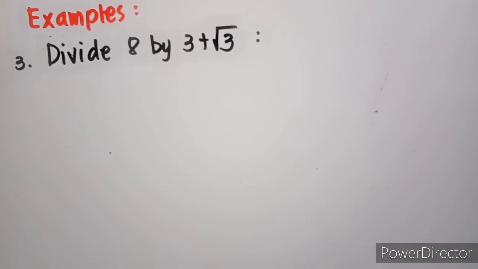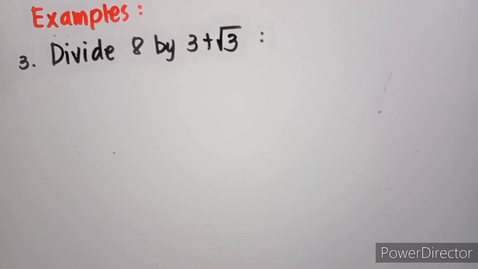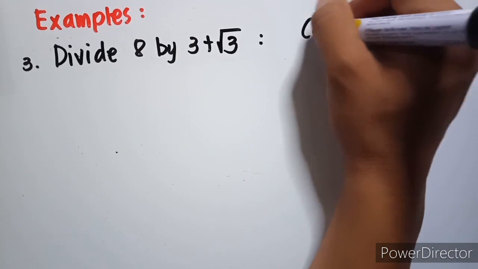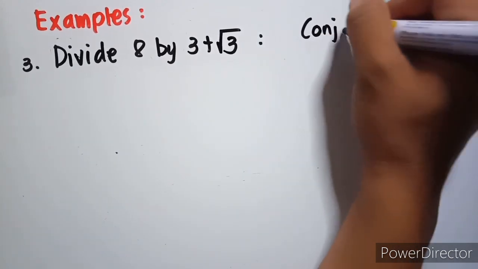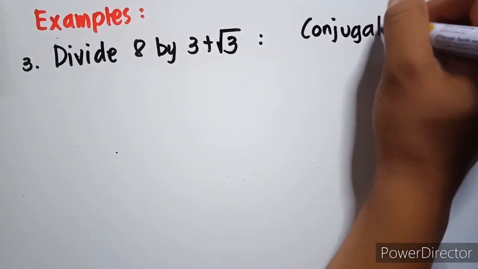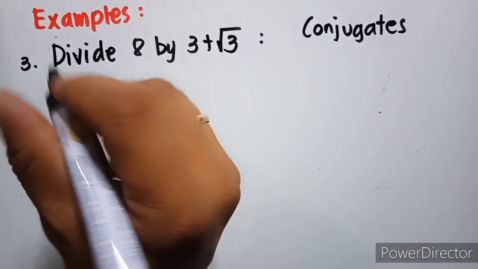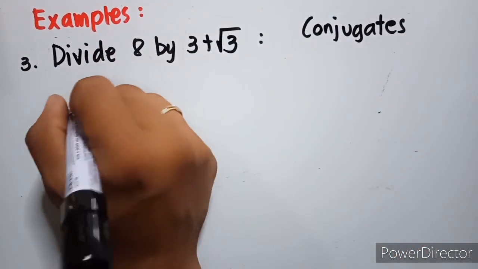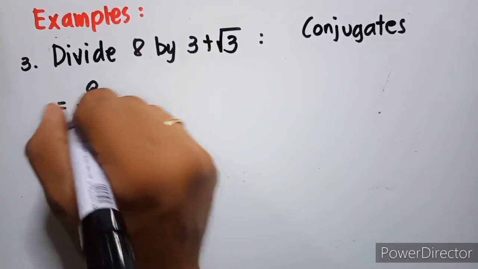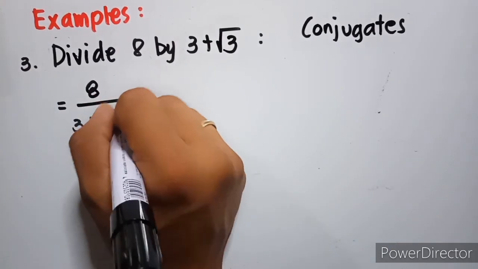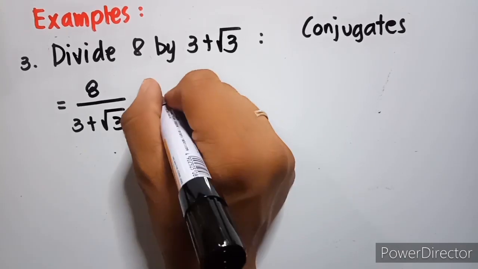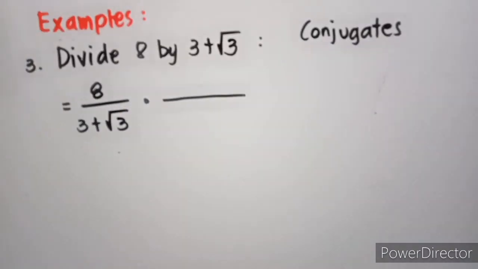Example number 3. Divide 8 by 3 plus square root of 3. So, we are going to use conjugates. We are going to write this as 8 over 3 plus square root of 3. Then, our conjugate, we will multiply this by it.